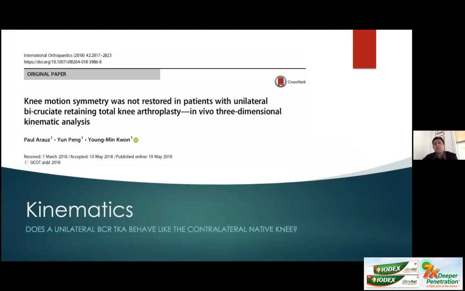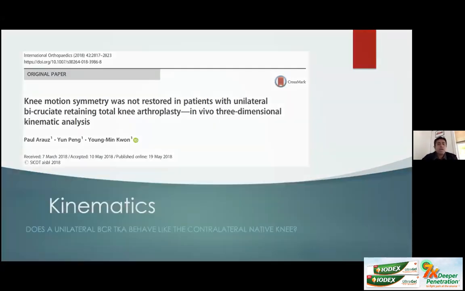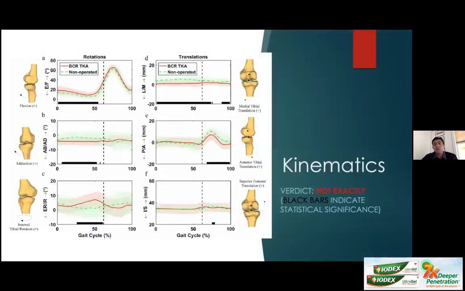Now, the most important question is, does a unilateral bicruciate retaining knee behave like the contralateral native knee? Is there a similarity or is there a difference? The verdict is, with the various degrees of rotation and translation, these black bars indicate differences between the red lines, which are bicruciate retaining, and the green line, which are native knees. The black bars are pretty big except for superior femoral translation.